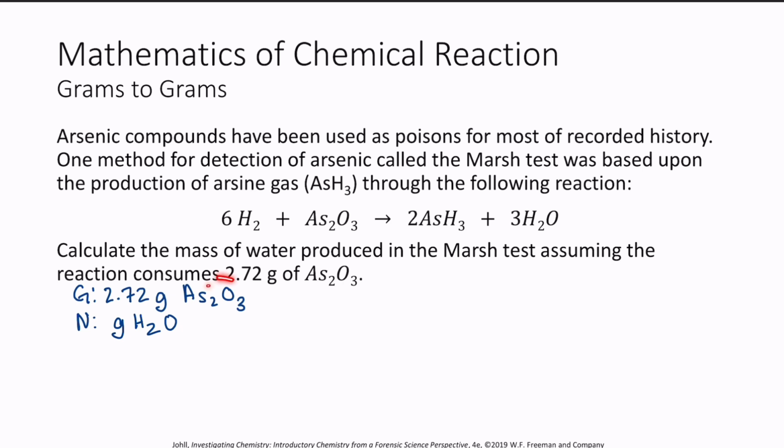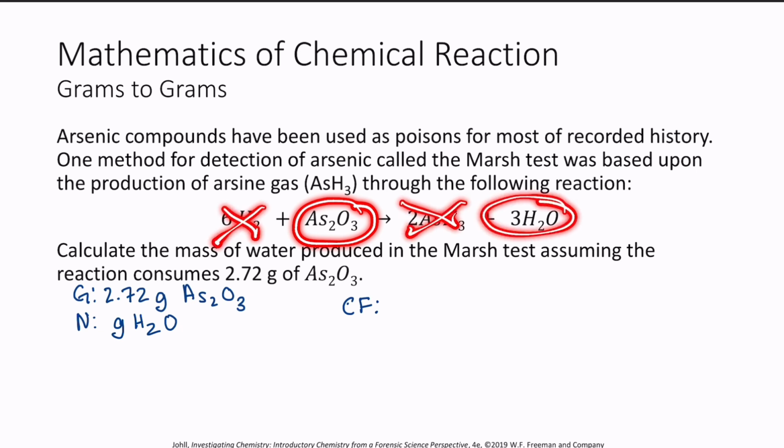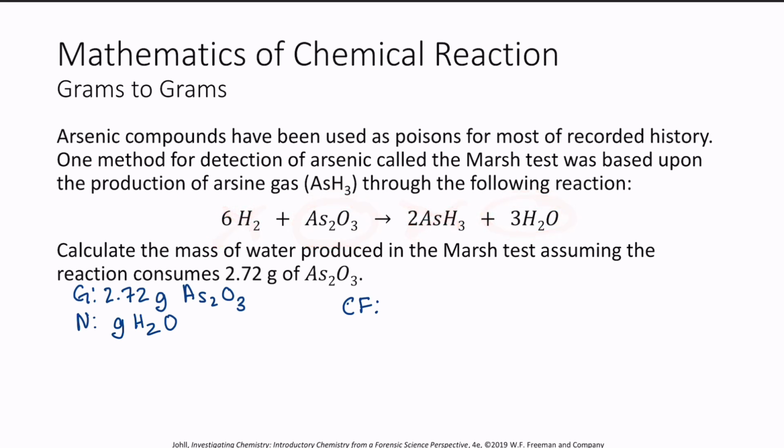And as soon as I write this out, I can easily see that I'm going between two different substances. So that's going to trigger in my brain that I need my mole to mole ratio. When I look at my balanced equation, I'm only going to concern myself with the substances that are in my problem. So I'm only going to look at As2O3 and water. I don't care about my other reactant and my other product for this problem because the problem's not asking about it.